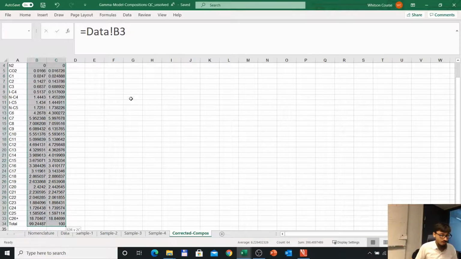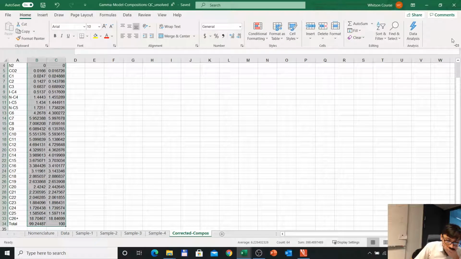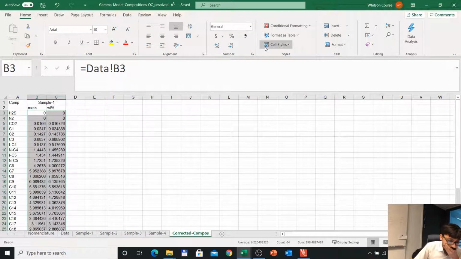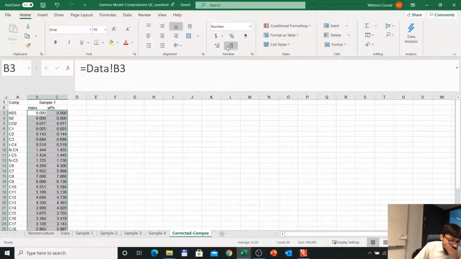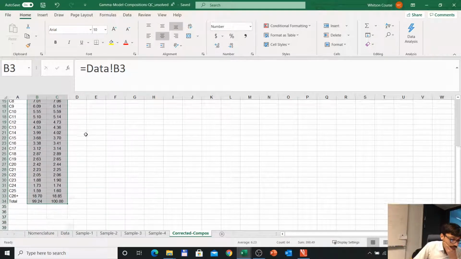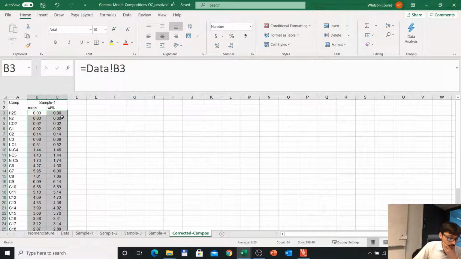This composition that we have calculated here should be very similar to what we have from the lab data, because we know that there was no problem in the chromatography.